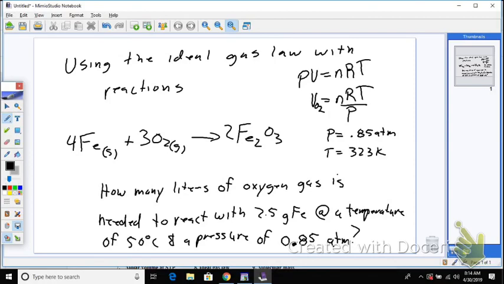What else do we need? We need to know R. R should be what? If we look it up, it's 0.0821.